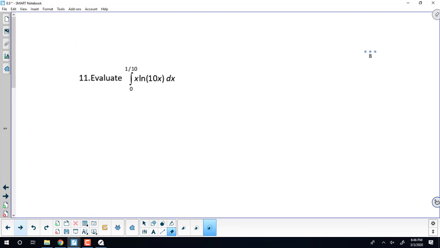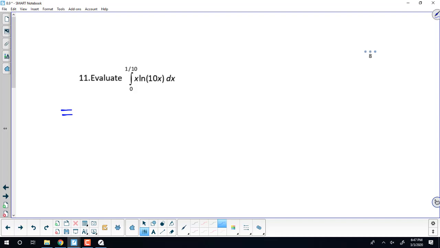Okay, the integral of x ln of 10x from 0 to 1/10. So first rewrite this, and then what's the issue, the 0 or the 1/10? Can we take the natural log of 0?